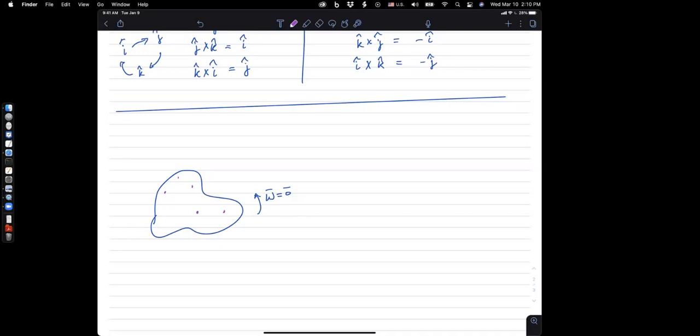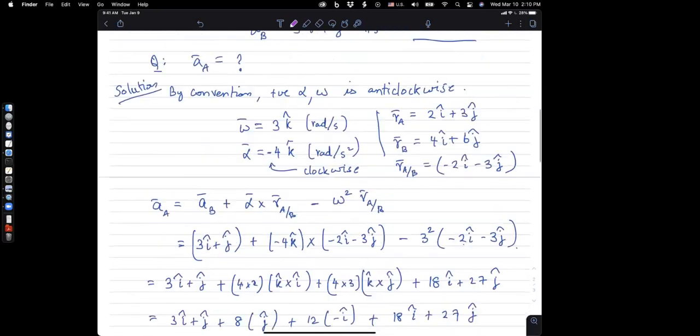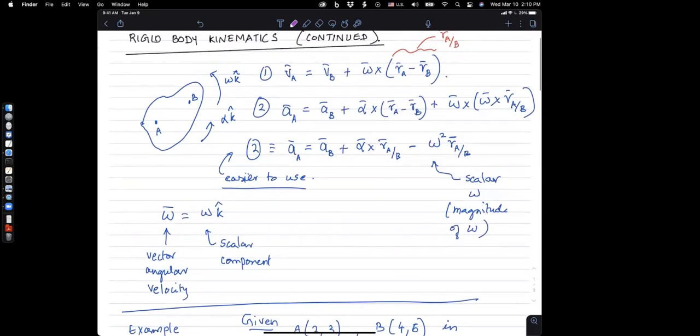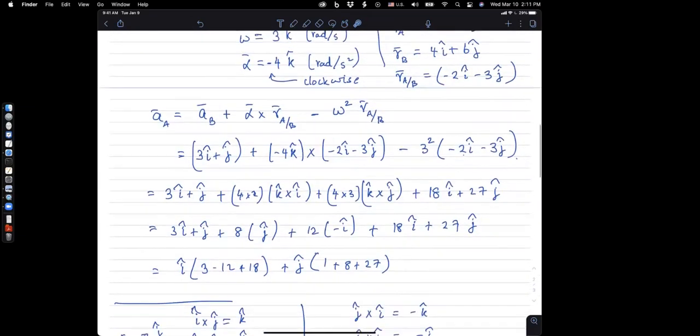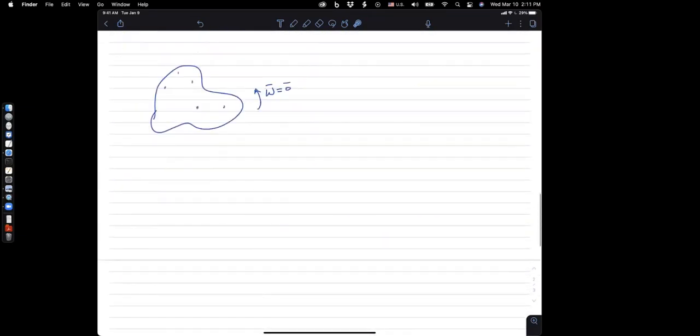Because if you take this formula, the relationship between the velocities of 2 points on the object is that the velocity of one point equals the velocity of the other point plus this term. With this term containing omega, if omega is equal to 0, then VA equals VB for any 2 points A and B, okay? So that's what this picture will look like.